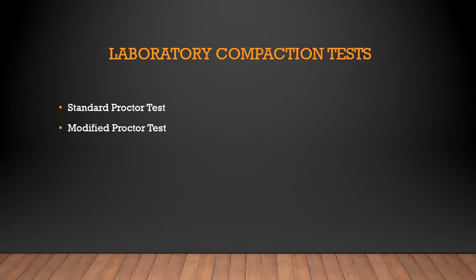The various procedures used in laboratory compaction tests involve application of impact loads, kneading, static loads or vibration. Some of the important procedures are the standard Proctor test and the modified Proctor test. We will see those one by one.